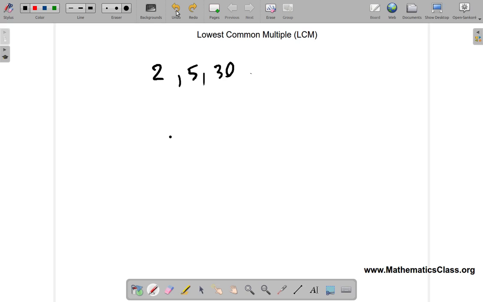No, let's say 2, 5 and 35. Find the lowest common multiple of 2, 5 and 35 for me. So pause the video, do that, and then we'll come back. Alright, so we want the LCM of 2, 5 and 35.